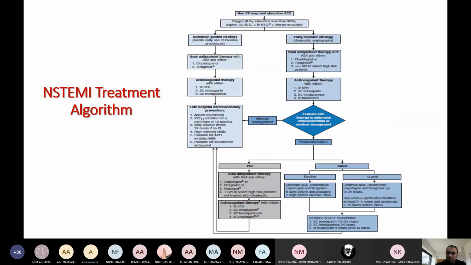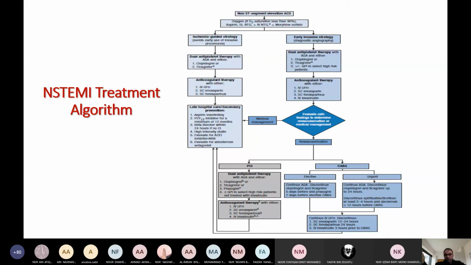Initially I provided this algorithm at the end, but this time I bring it earlier because I think it may help to make it clearer to have a prior image of the treatment and the medication for the overall treatment algorithm. Okay, let me go here, brothers and sisters, for non-STEMI or non-ST segment ACS in general. You can see it is either way.